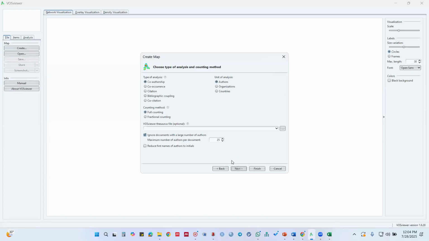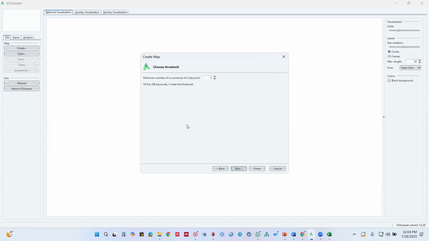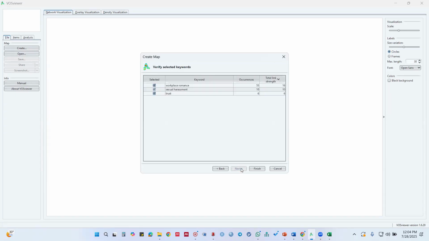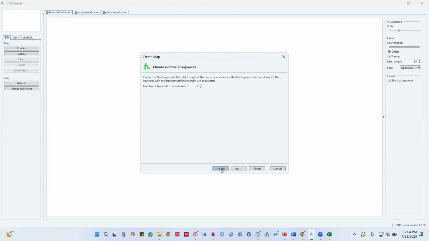Right. We have 78 articles already included. And we can use keywords to analyze. For example, you can take all these keywords.